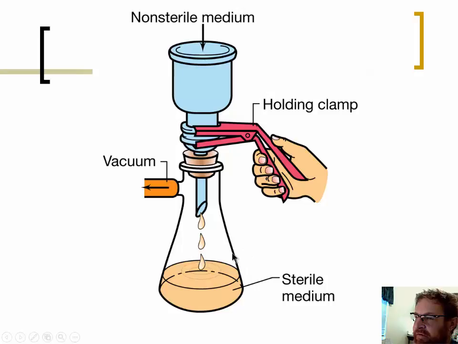Okay. Here's a big picture of that. We're going to put our non-sterile media into that top funnel, and we're going to get our sterile media once we use a vacuum to pull the air out of the flask so that we can get that media to fall down. Again, the bacteria are going to be trapped on the filter paper up here, meaning this media will be sterile.